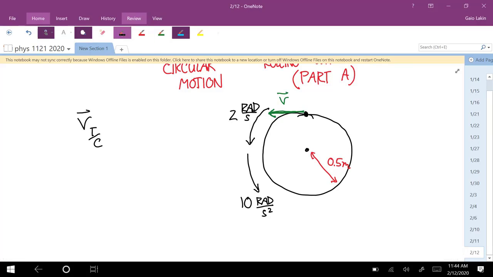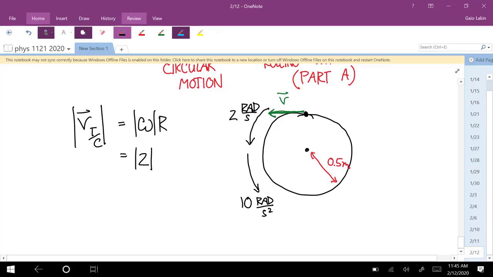Okay, so the magnitude of the velocity, the speed, we're going to use the circular motion equation that says we take the absolute value of the angular velocity and multiply it by the radius. And so that's 2 times 0.5.